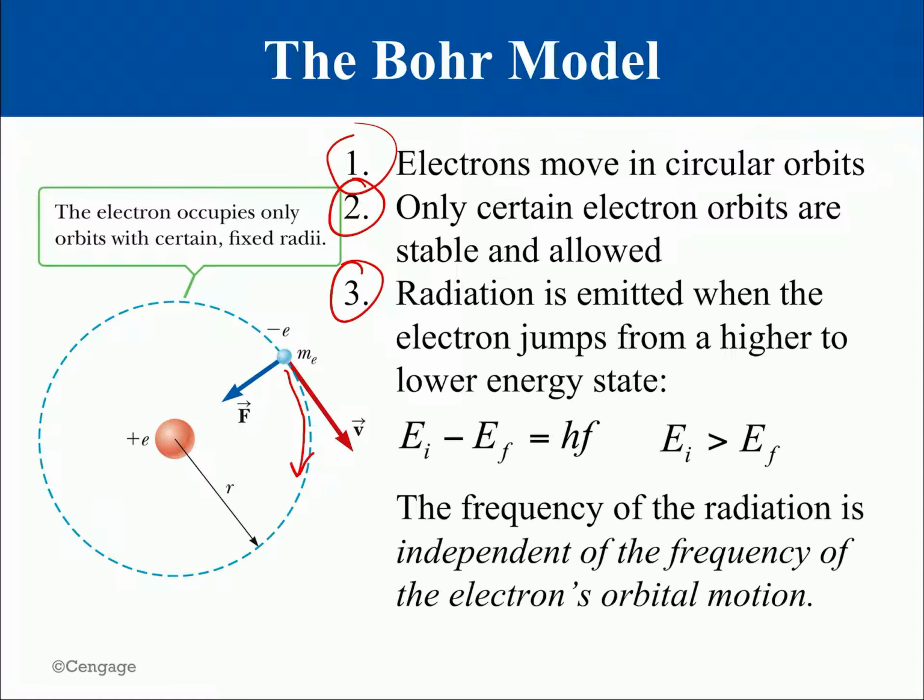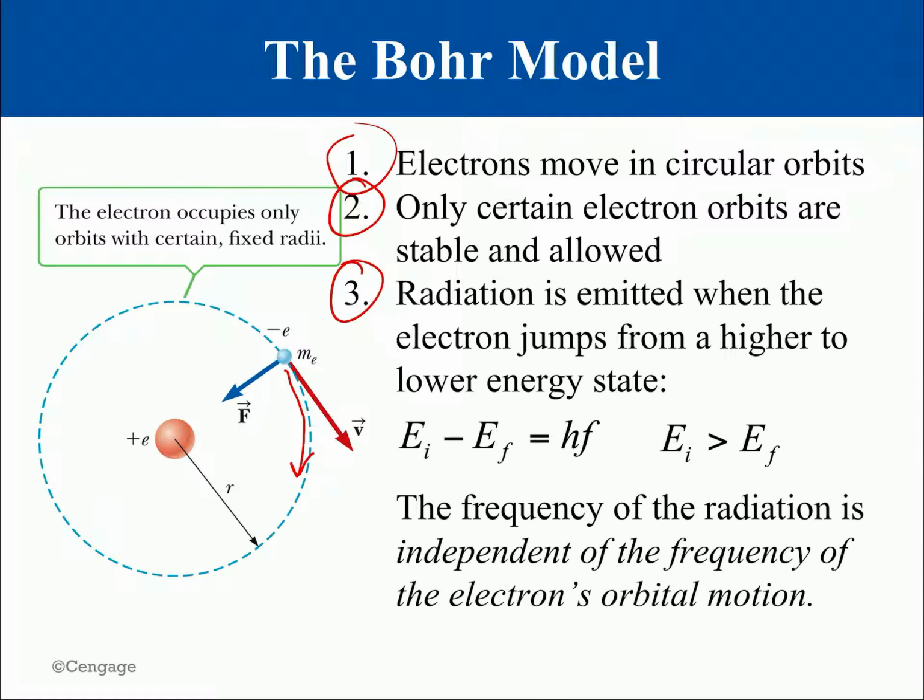So we're kind of having it both ways with this model, right? We're giving them centripetal acceleration, but we're saying that the emission of energy via photons has nothing to do with Maxwell's equations. Oh, okay. So it's something else.